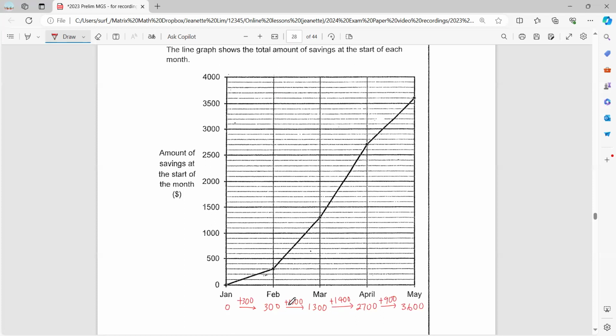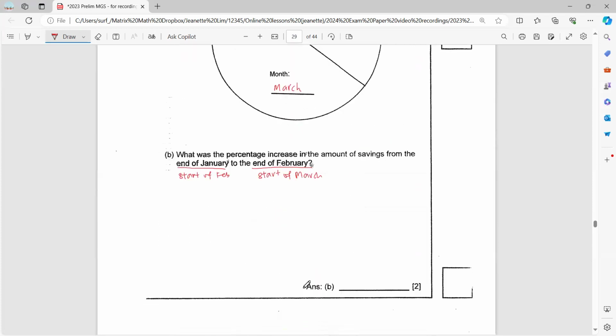So we are looking at 300 to 1,300. The increase is 1,000. So percentage increase is increase over the original. What is the original?